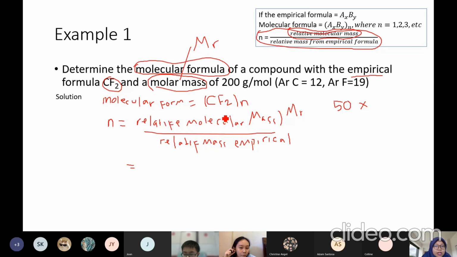So, the relative molecular mass is 200 grams over mole.